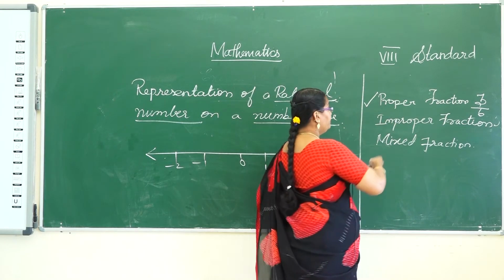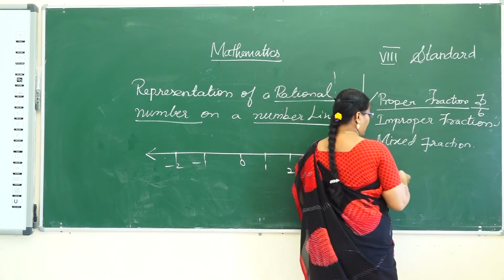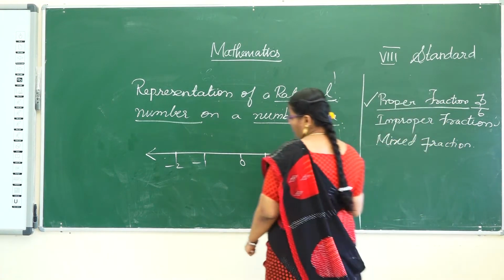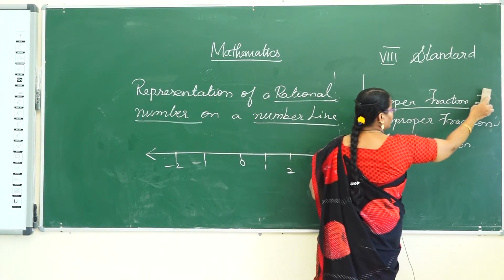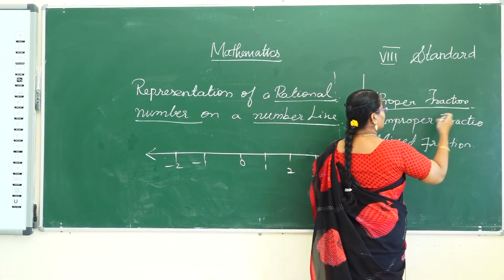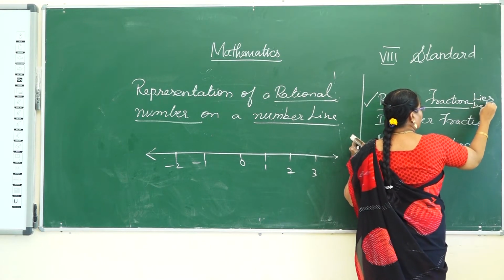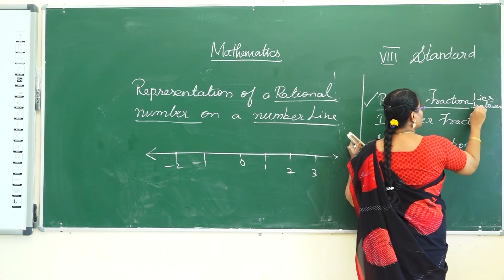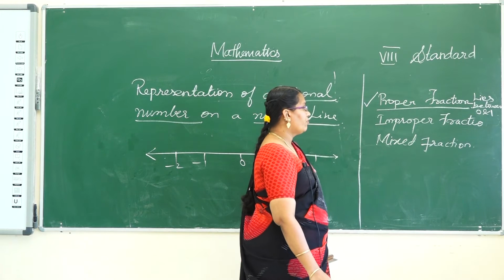Are we clear? The proper fraction lies between 0 and 1. Okay. And next one, improper fraction.